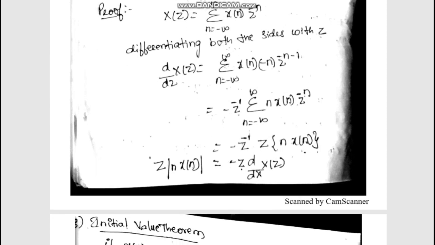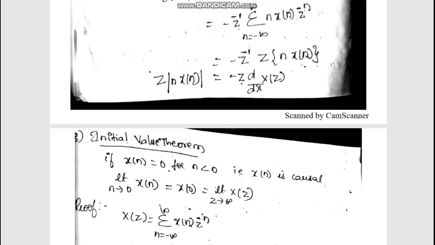For this above equation, you can apply differentiation on both sides with respect to z. So d by dz of X of z is equal to summation, and when you differentiate with respect to z, it is z to the power of minus n minus 1. This is a simplification factor. When you simplify it, you are going to get minus z d by dz of X of z, and hence it has been proved.